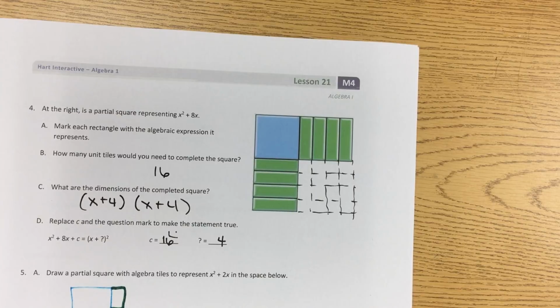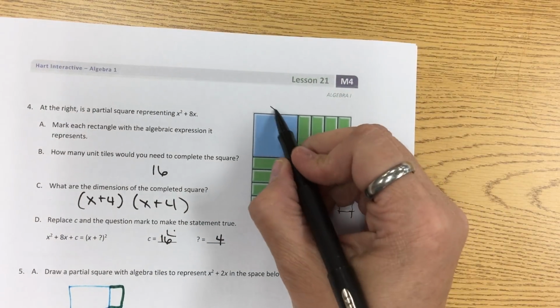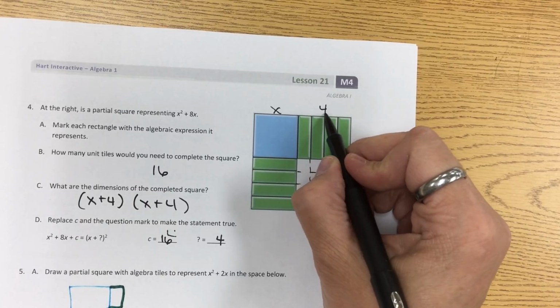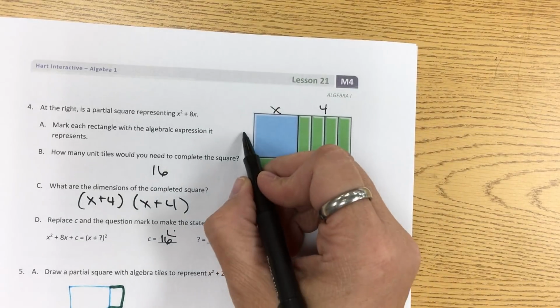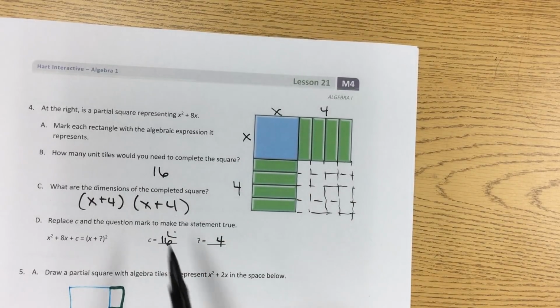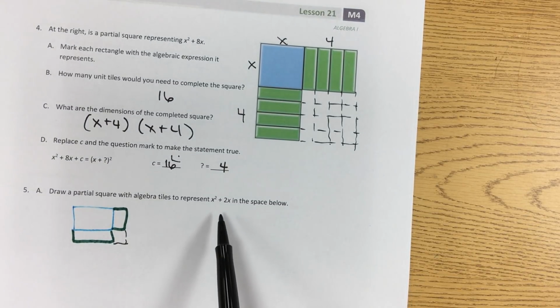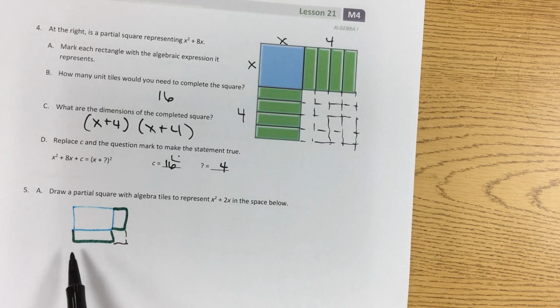Okay, number 4. I got 16 tiles here. I got this as x, and I got this as 4 over here. I got this as x, and I got 4 on this side. So my c value was 16, my question mark was 4. On this one down here, hopefully you notice that half of 2 is going to get us 1.